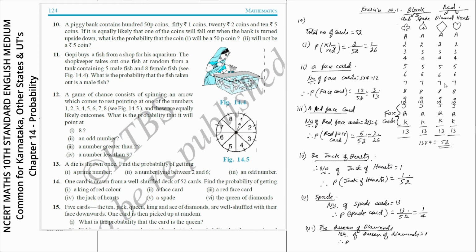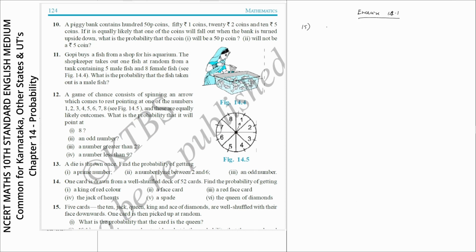Therefore, probability that a queen of diamond is picked is equal to 1 divided by total number of cards. So 1 by 52 is the probability. For any of the playing cards problem in future, you can use this problem as a template.